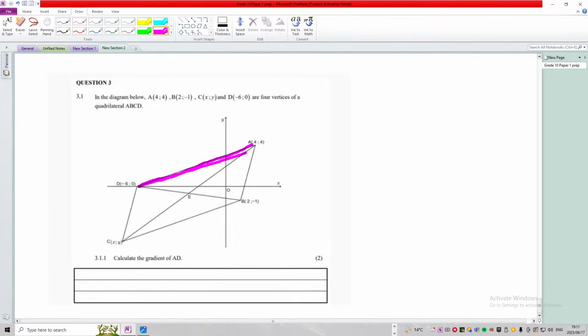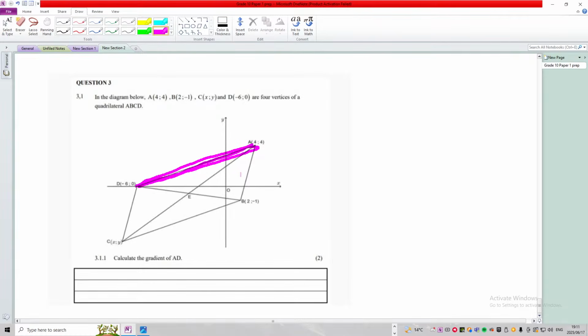But there's only certain questions they can ask you. They have to ask you gradients. They have to ask you what we did just now. 90% they're gonna ask you to prove that something is a parallelogram. If you go through enough past papers, you'll see that every past paper has the same types of questions.